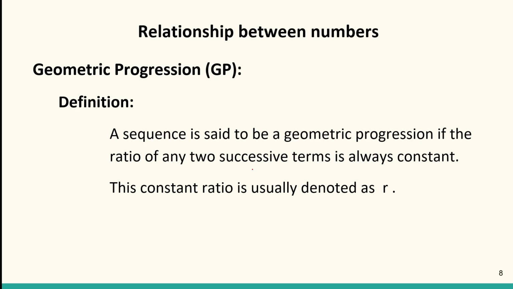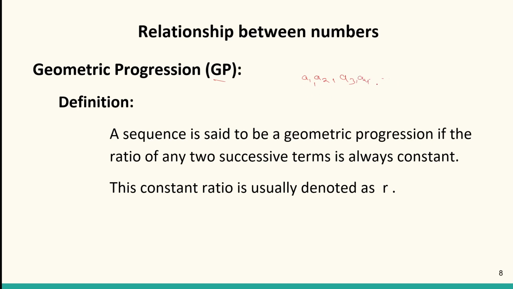So let's see the next kind of progression, that is geometric progression, and in short form it is called GP, okay. The definition tells us that a sequence is said to be a geometric progression if the ratio of any two successive terms is always a constant, okay. So let's say a1, a2, a3, a4 and so on.